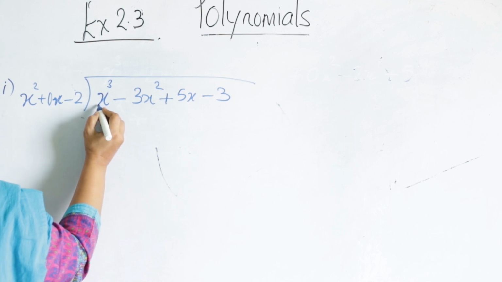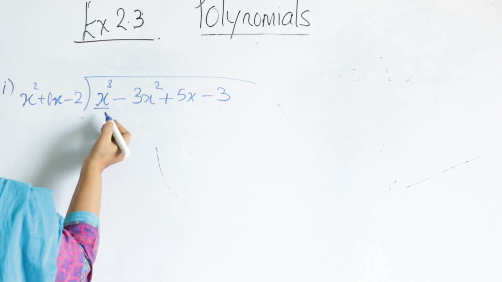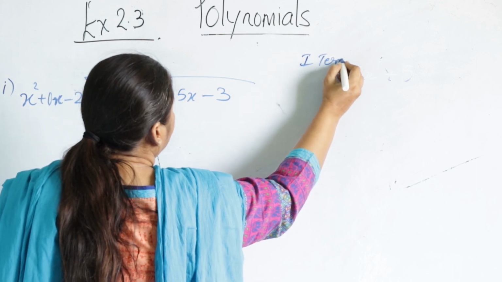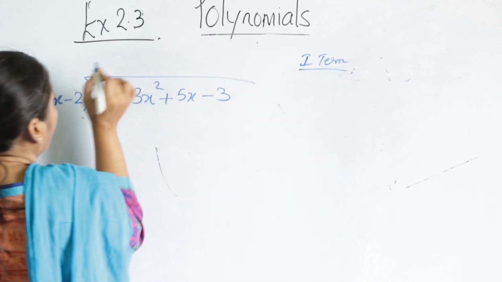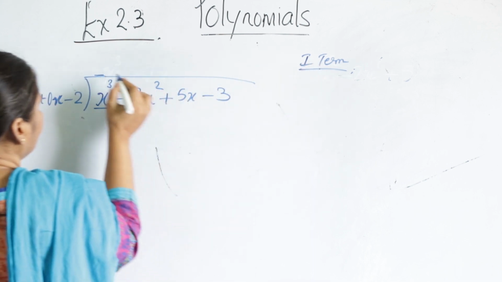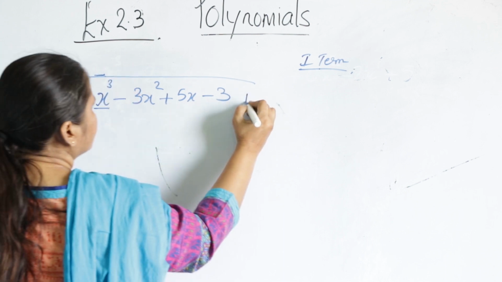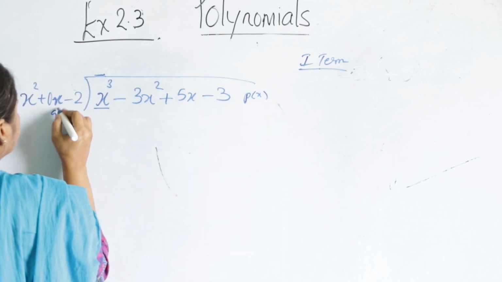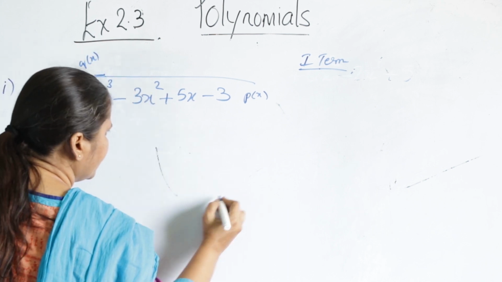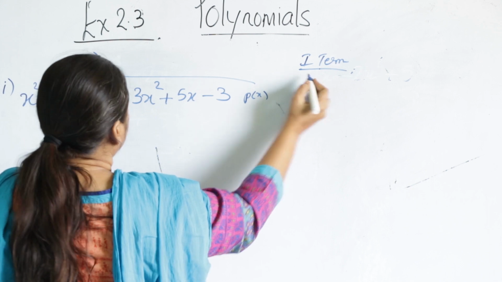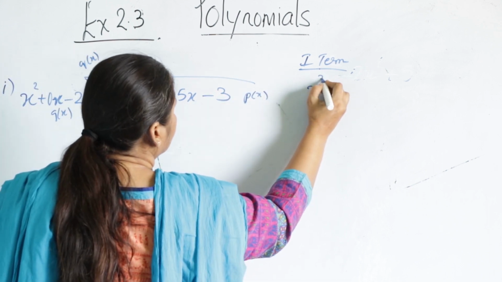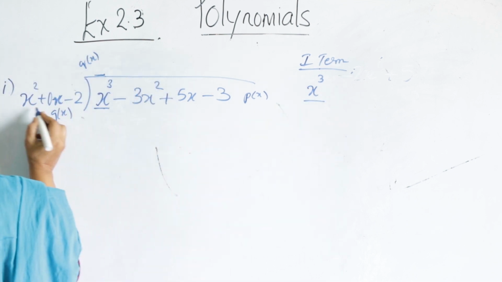Yes, now let us take the first term of p of x to get the first term of q of x. So this is p of x, this is g of x, and this is q of x. And what we get in the end is r of x. So to get this, first let us take this term x cube divided by x square.